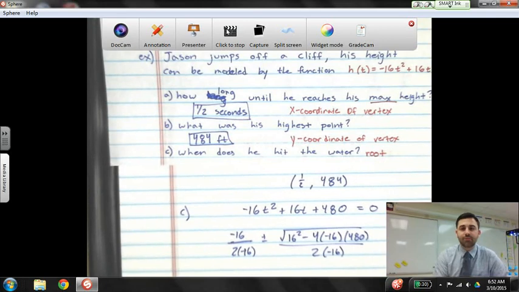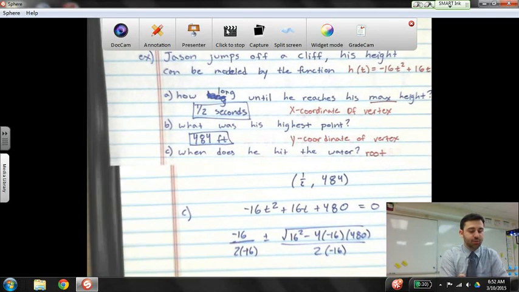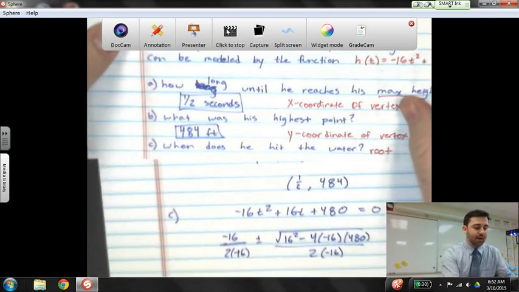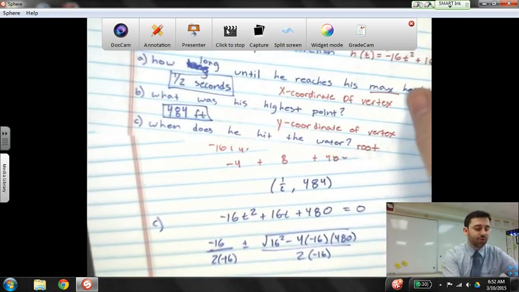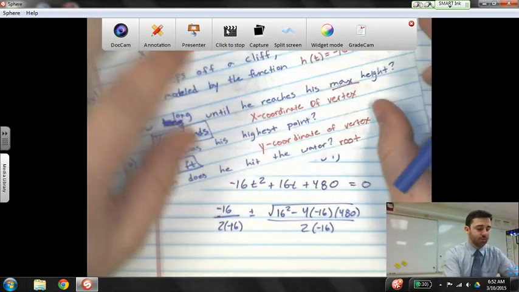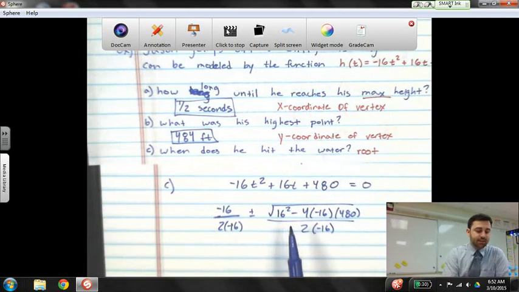Now I've gone ahead and put this all in the quadratic formula. However, I want you to notice when you're doing this, we're going to eventually have to say 16 squared minus 4 times the negative 16 times 480, which is quite a bit. It's just large numbers to deal with.